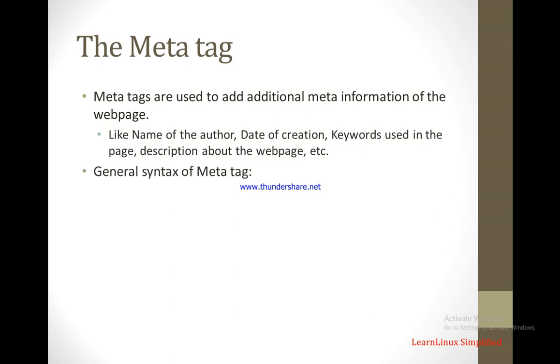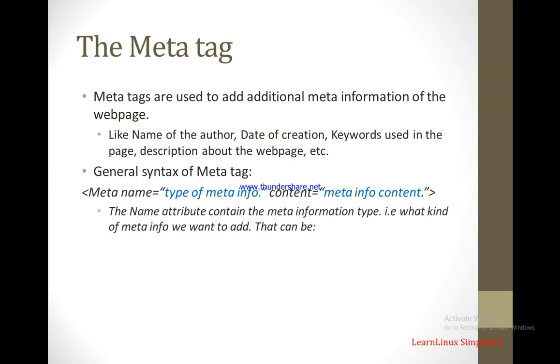General syntax of meta tag: meta is a tag name. Name is an attribute, and for the attribute we provide the type of meta info. The next attribute is content, and according to the meta info type we have to give the meta info content.